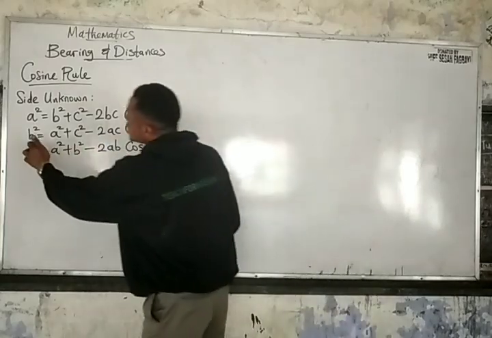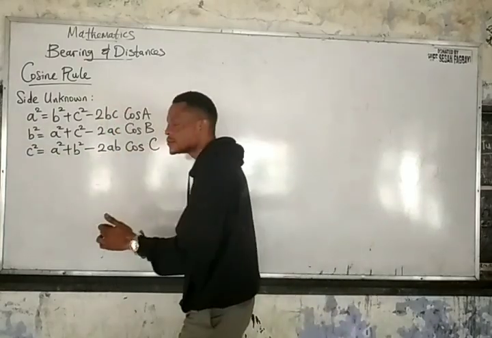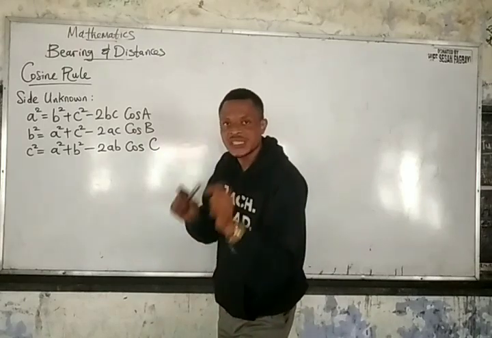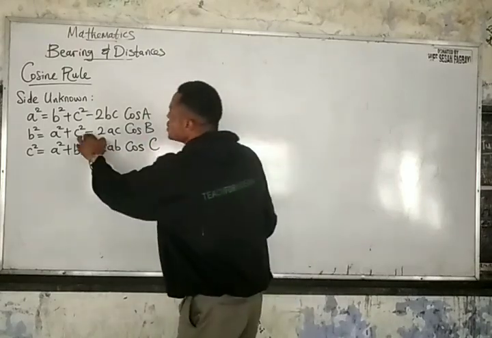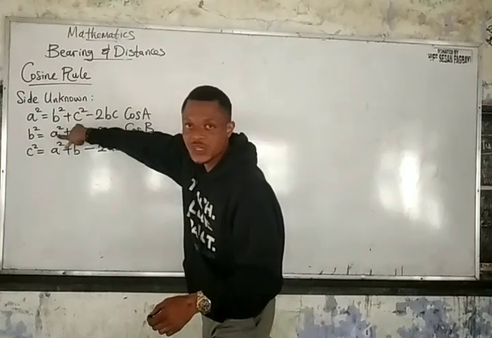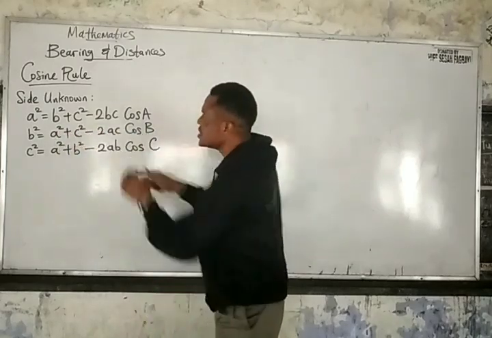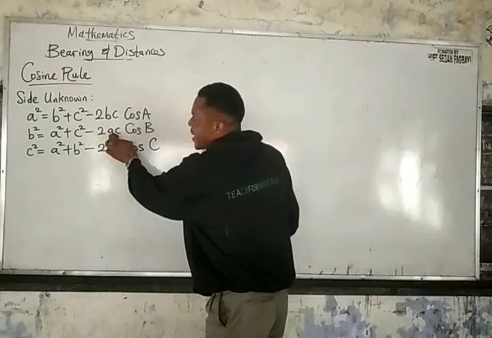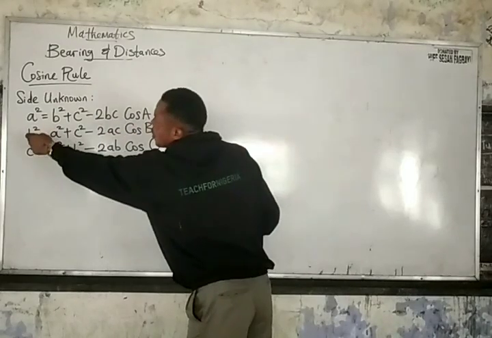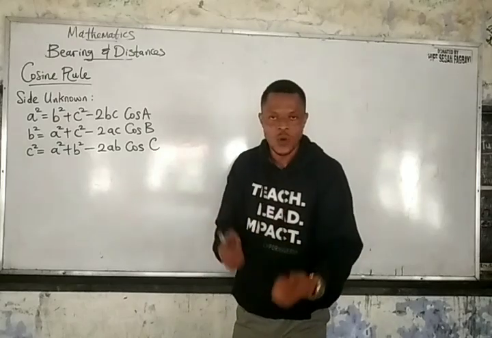The second one is b squared equals the remaining two sides, a squared plus c squared, minus 2 multiplied by a multiplied by c, then multiplied by cos the angle of the side we are working with.